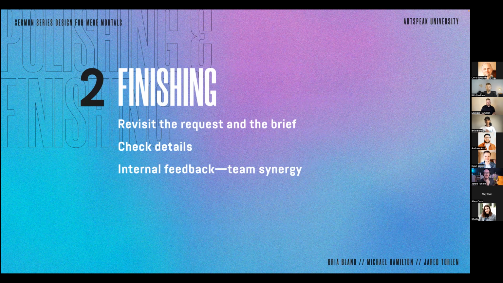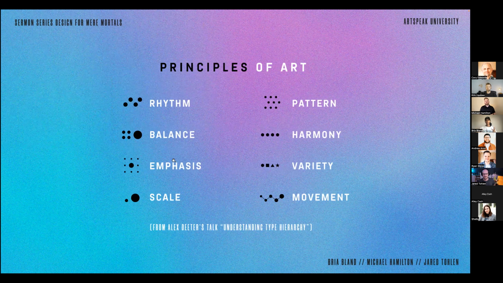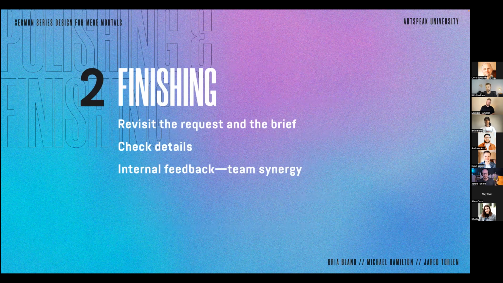Then when you go back to your mental checklist, you're like, okay, there's balance, there's harmony, nothing is competing. And then you're really checking for those details, and depending on the brief, making sure there's movement. And then, like we mentioned before, going back to internal feedback, because that's when other ideas can form.